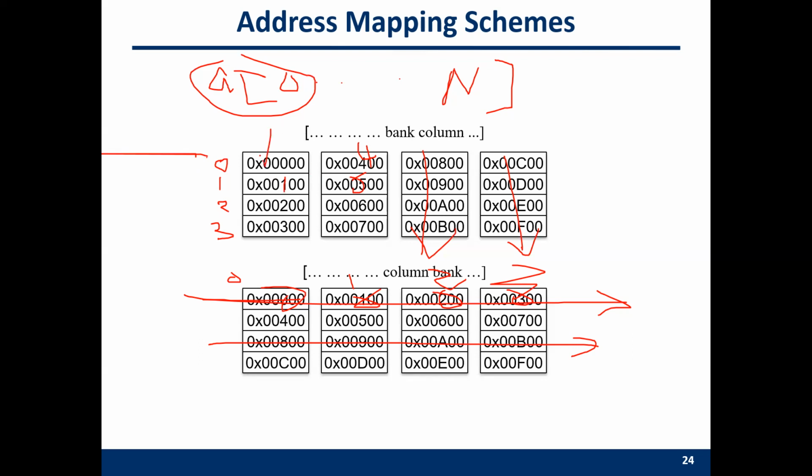So each time you just access one bank. And then maybe next time, if you read, let's say, element 9, you can access this bank. Then the first request and the second request have no conflict.